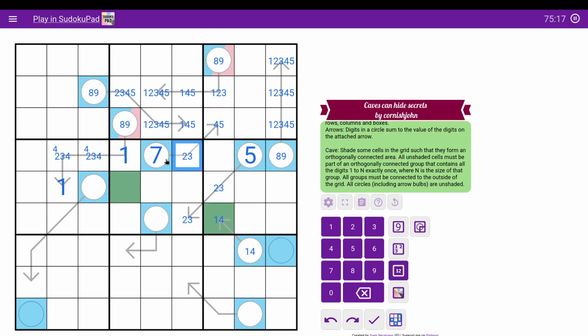This is a 5, this is a 2, this is 3, 4, 9, 8, 9, 8, 1, 2 or 5 or 3 or 4, 2 or 3.